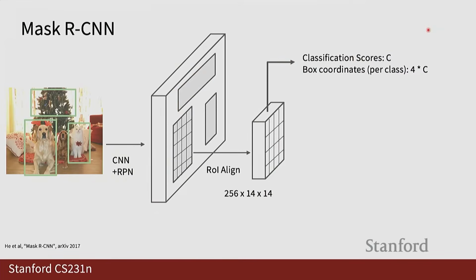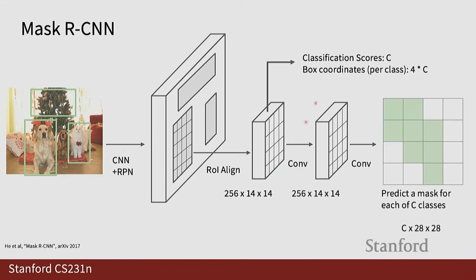So what we used to be doing before was image, region proposals, and the CNN gives us the class label and the box coordinates. Now we add another convolution layer that generates the mask for that object at the pixel level. And that mask could be the same size as the input image.